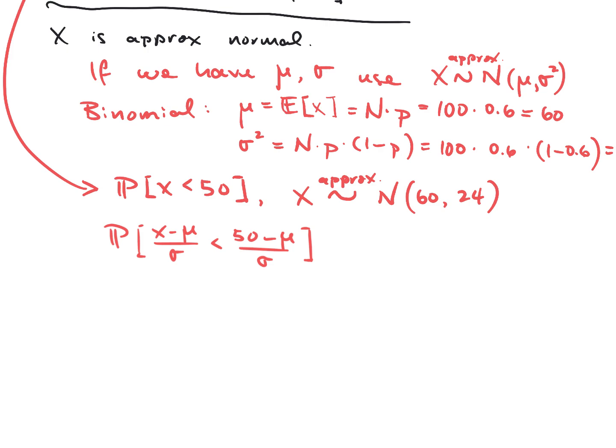So the thing on the left, x minus mu over the standard deviation, that's a z-score, less than 50 minus the mean, 60, over the standard deviation. Remember, the standard deviation is the square root of the variance, so this is over the square root of 24.